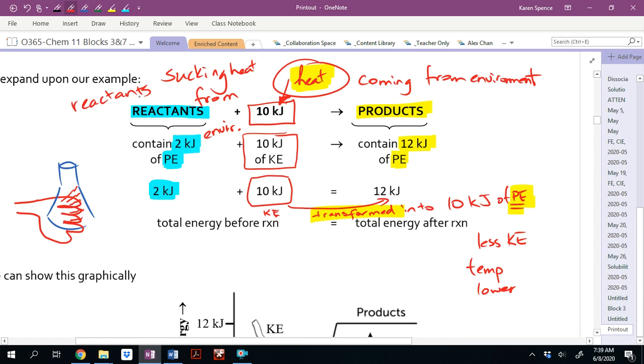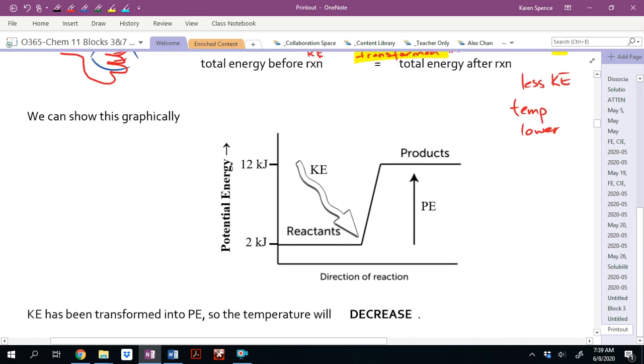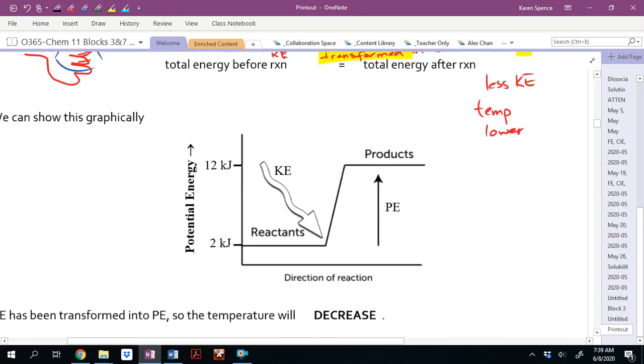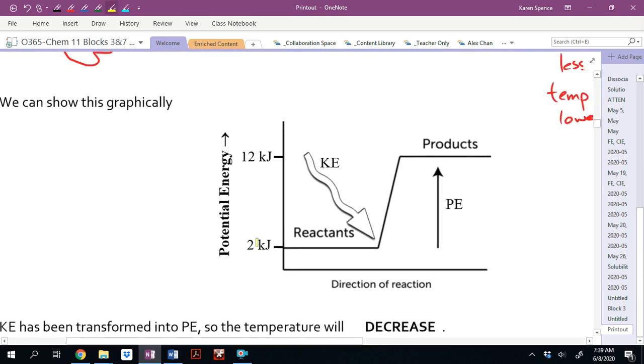Okay, so what does this look like? All right, we can show this graphically. When we have our potential energy, remember our reactants had 2 kilojoules. Oh, I was going to make it bigger and I just moved it. There we go. Our reactants had 2 kilojoules of energy, and our products had 12 kilojoules of energy.